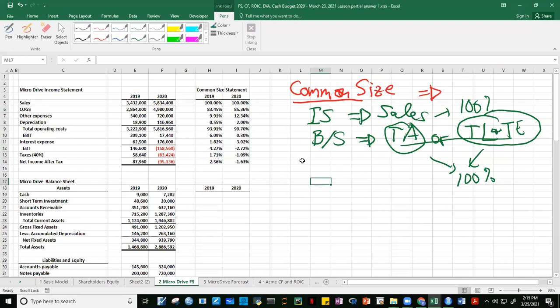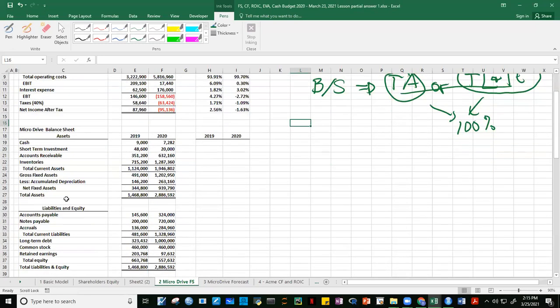Okay? So sa balance sheet naman, guys, it will be divided by the total assets. So pwede natin bigyan to ng pangalan total assets 2019, this one. Remember, ang pangalan dapat isang ano lang, total assets 2019. Ito, let's call this total assets 2020.